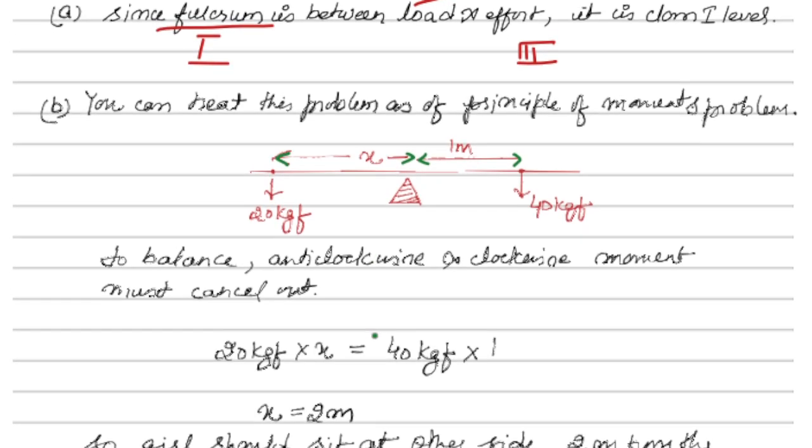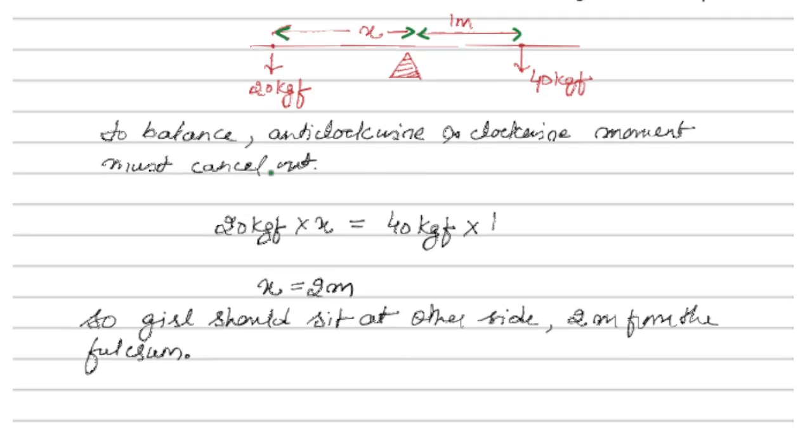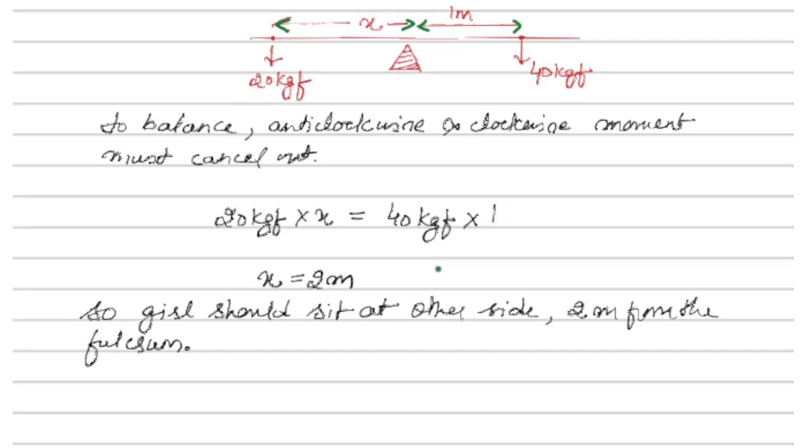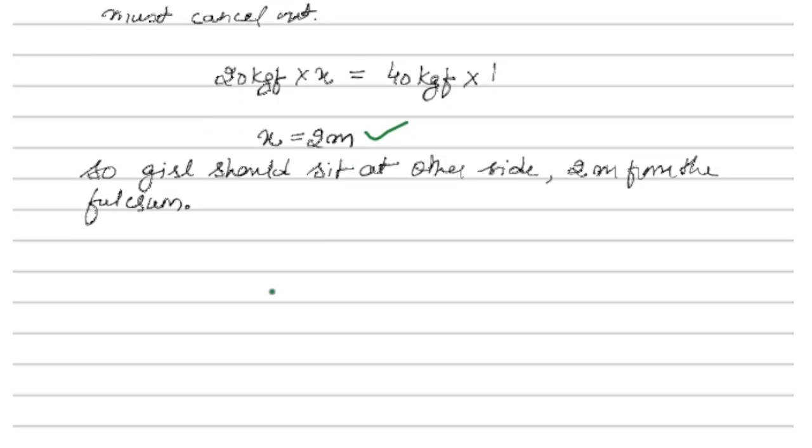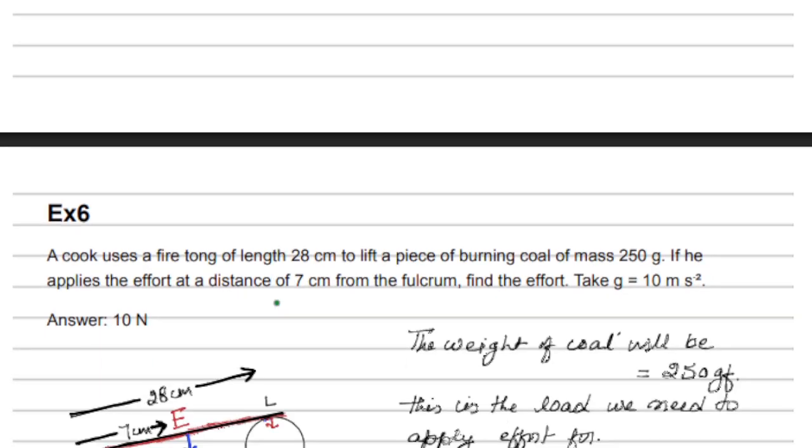So to balance, anti-clockwise and clockwise moments must cancel. So we will do this: magnitude 20 kgf into X will be equal to 40 kgf into 1. And then we will arrive at this answer, which we were able to calculate by intuition also. Okay, let's go to the next question.